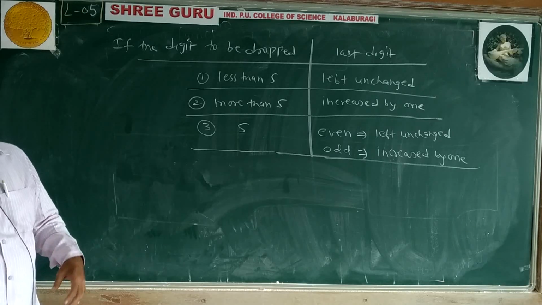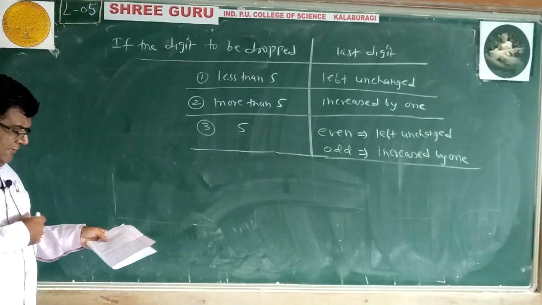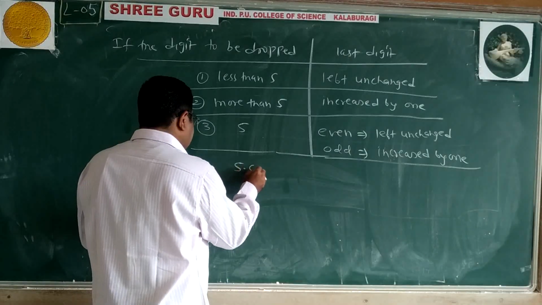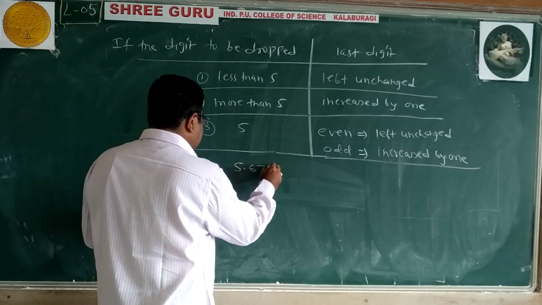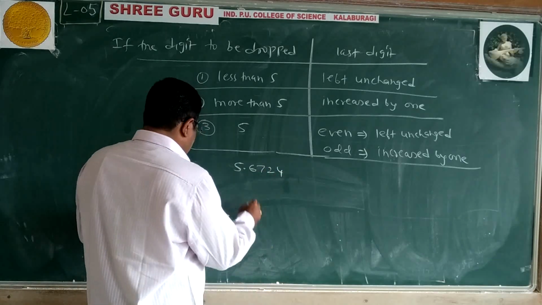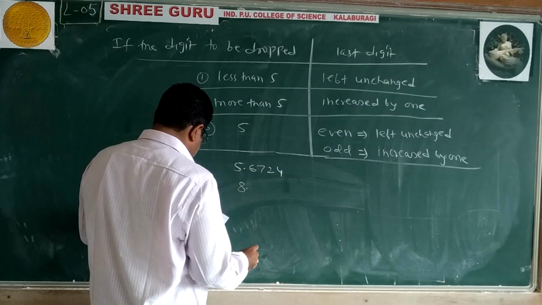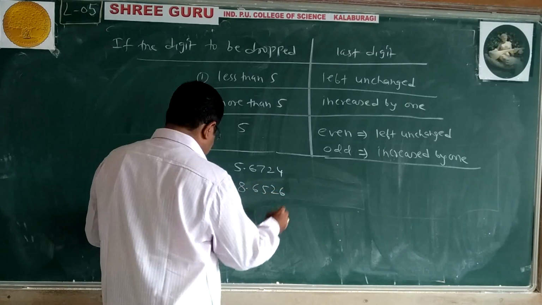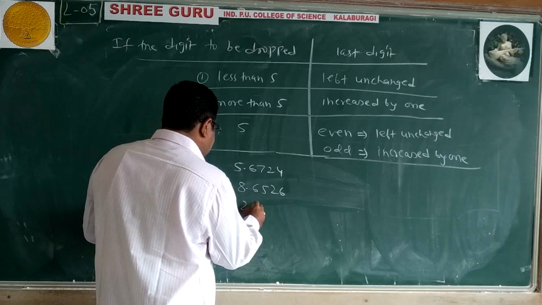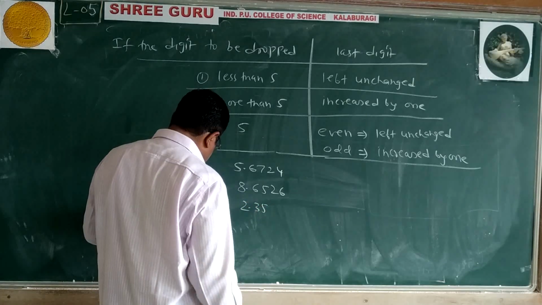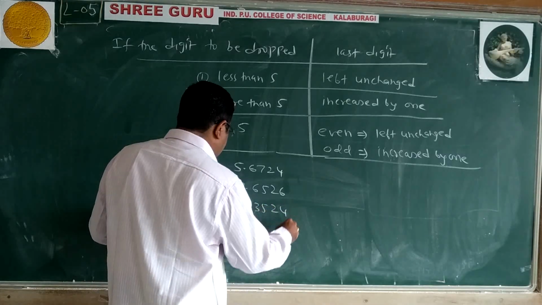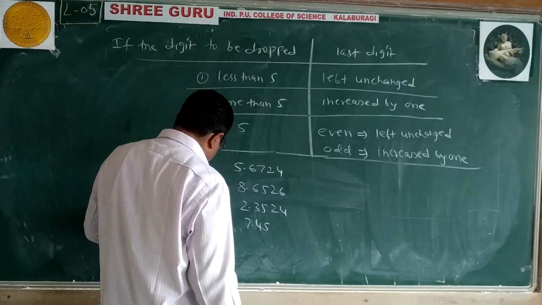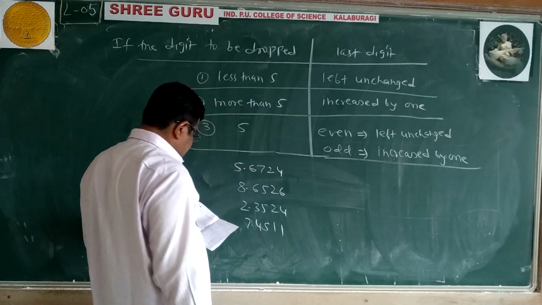We have numbers here. Again, I will take specific examples: 5.6724, 8.6526, 2.3524, and 7.4511.